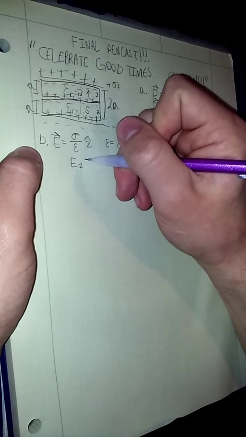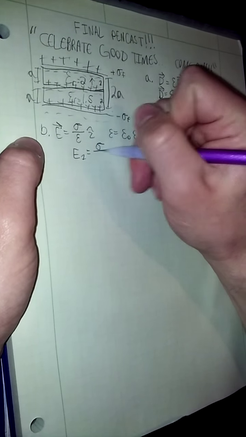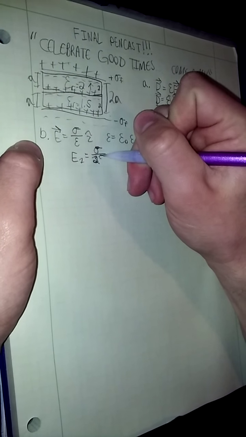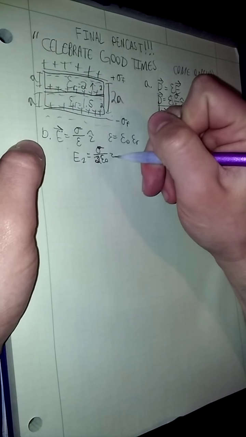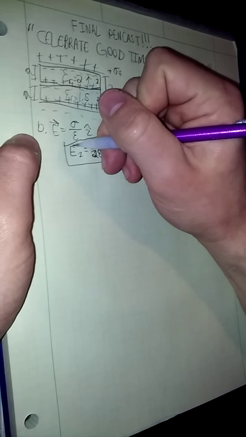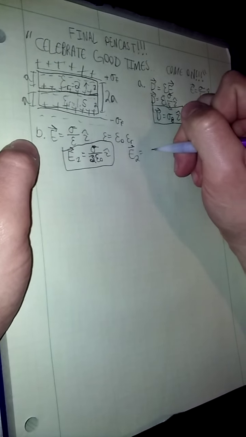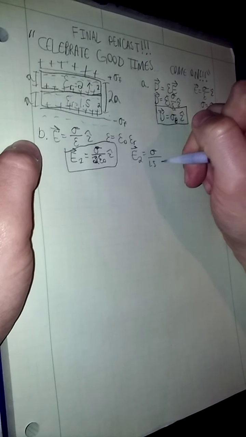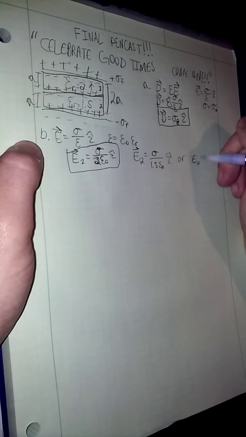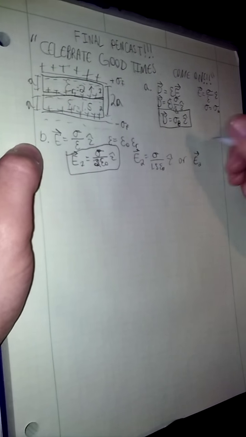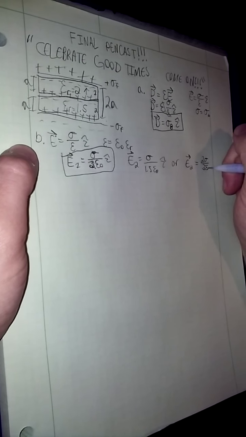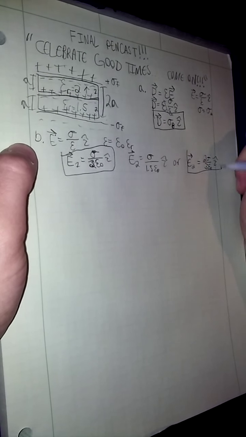E1 equals sigma over 2 epsilon naught in the z-hat direction, and E2 equals sigma over 1.5 epsilon naught in the z-hat direction, or, multiplying by 2 over 2, 2 sigma over 3 epsilon naught in the z-hat direction.